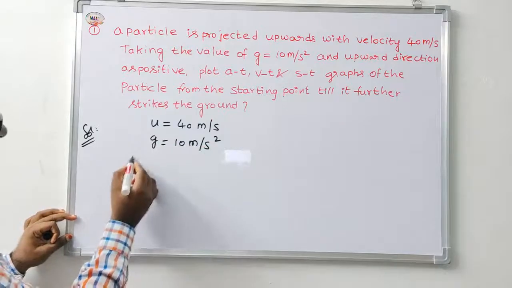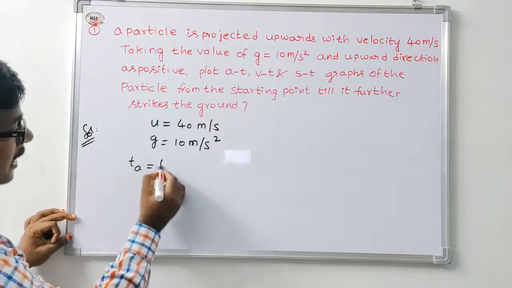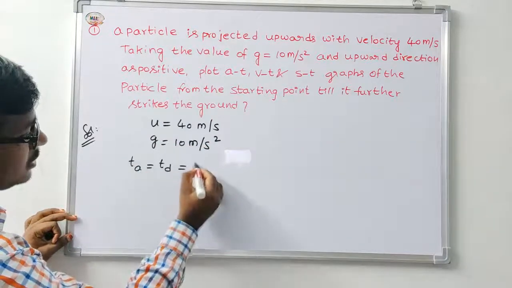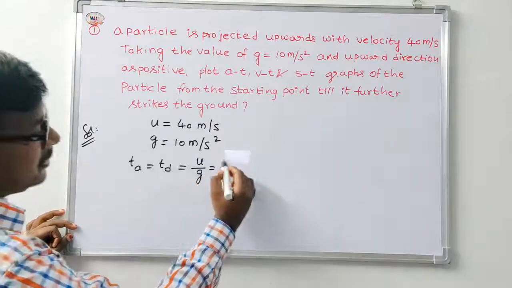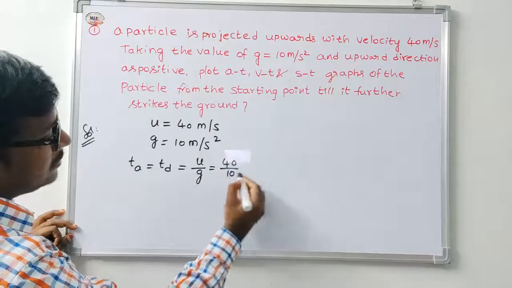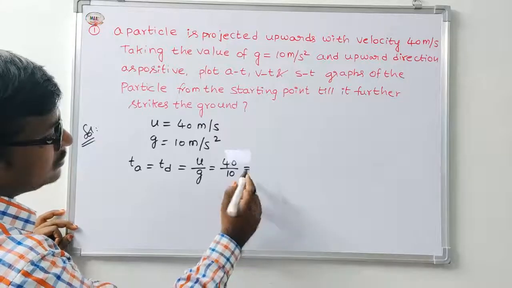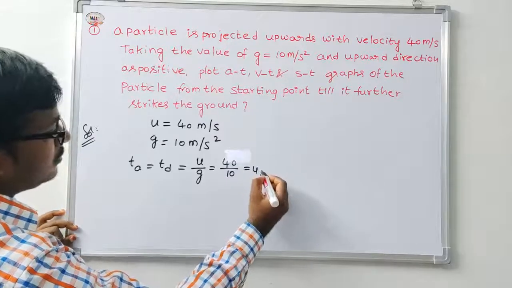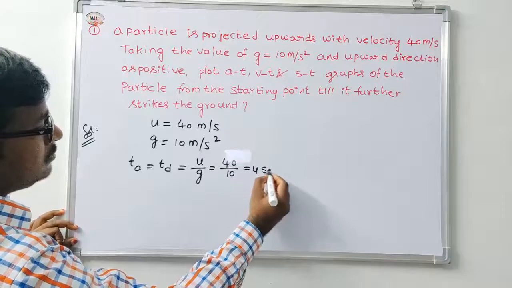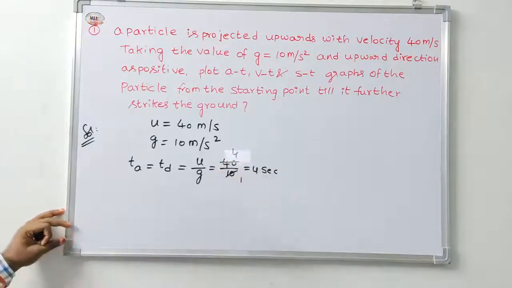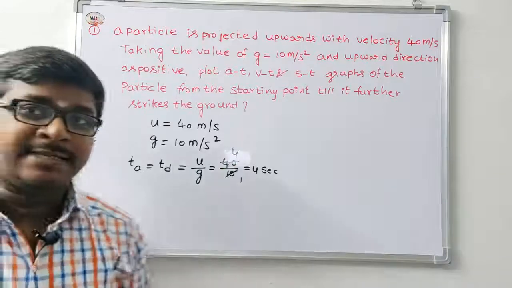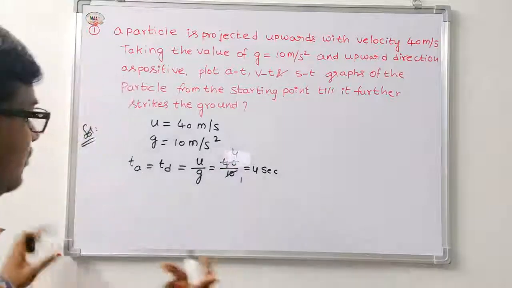Time of ascent is equal to time of descent, that is equal to u by g, 40 by 10, that is equal to 4 seconds. The time of ascent is equal to time of descent is equal to 4 seconds.